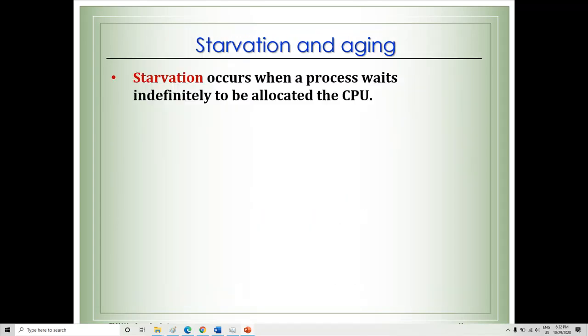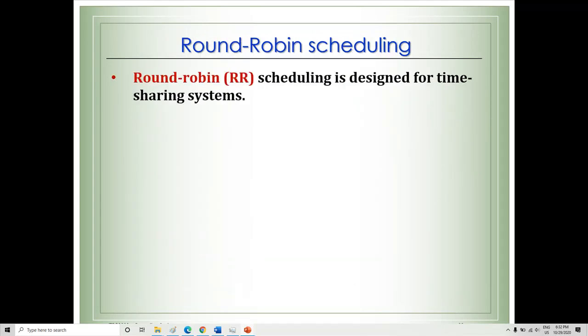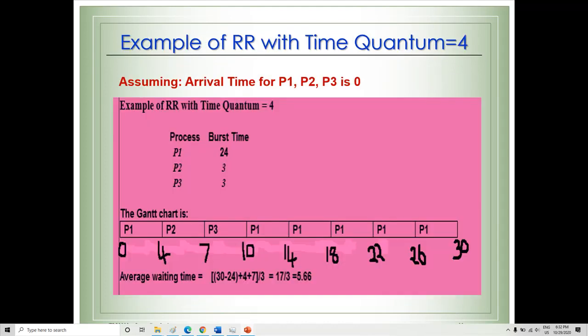Now we will discuss another algorithm. Let us take the same set of processes under the RR, round robin, algorithm. We will see how this algorithm behaves. You can see the process 1 burst time is 24, but process 1 is not holding the CPU continuously.